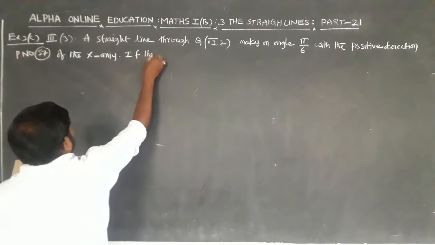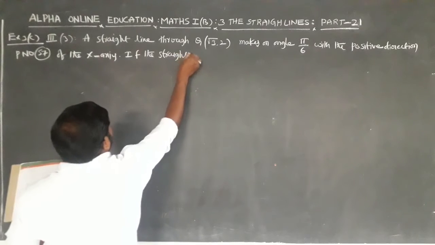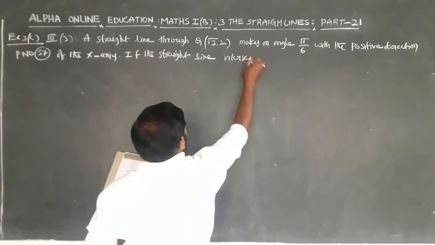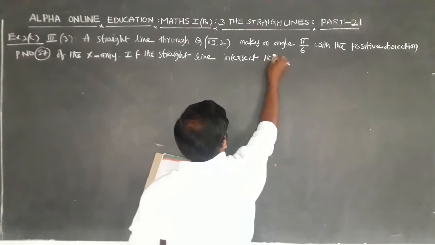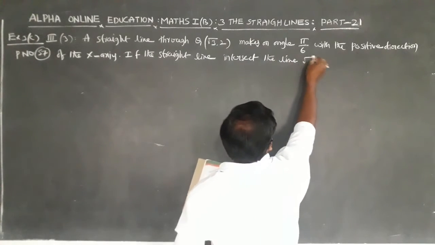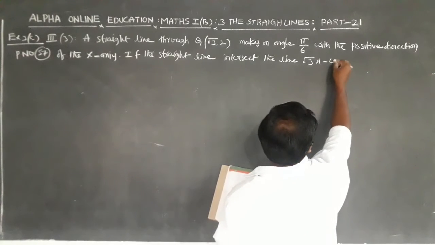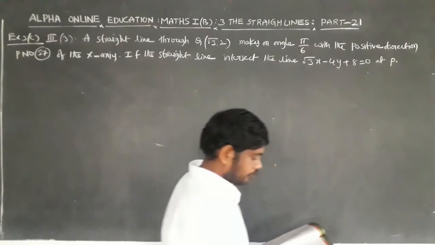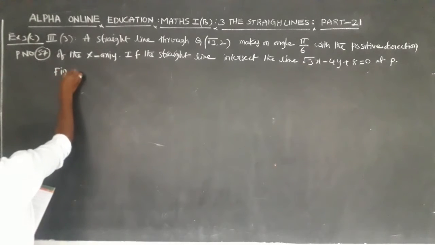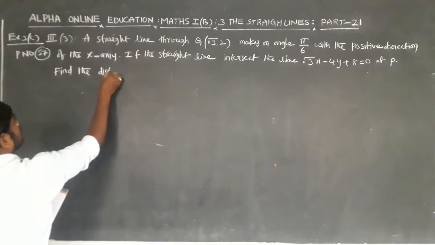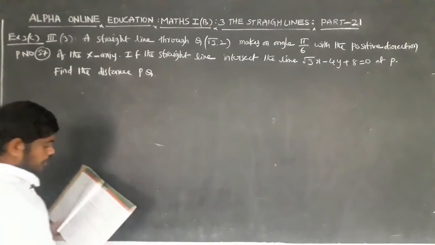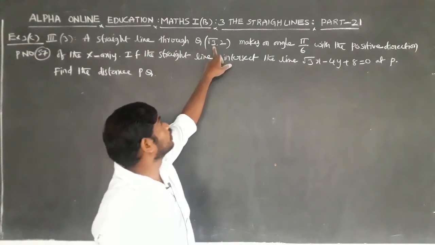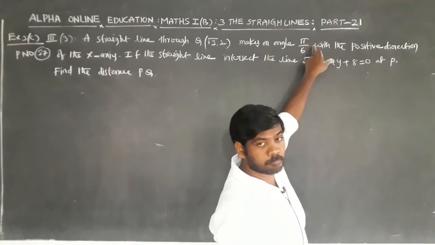If the straight line intersects the line √3x - 4y + 8 = 0 at P, find the distance PQ.